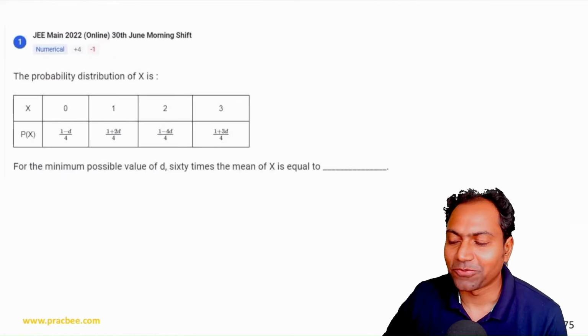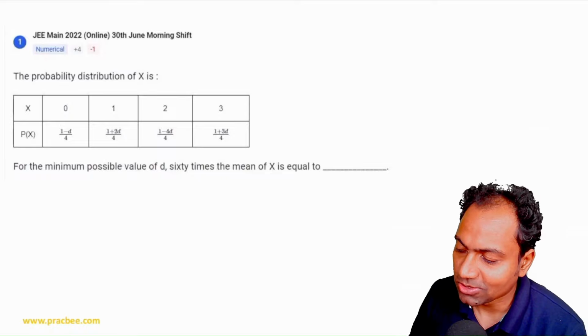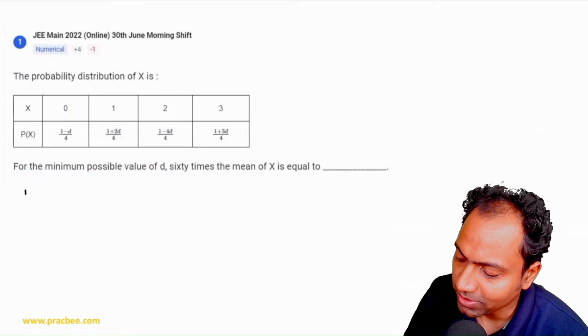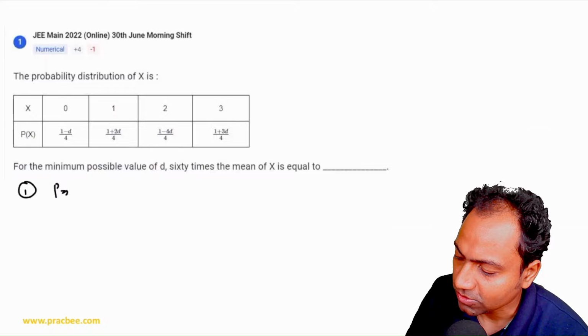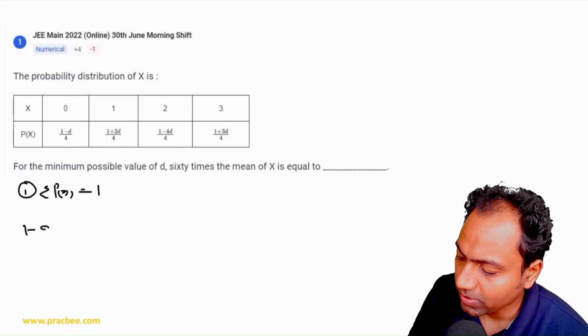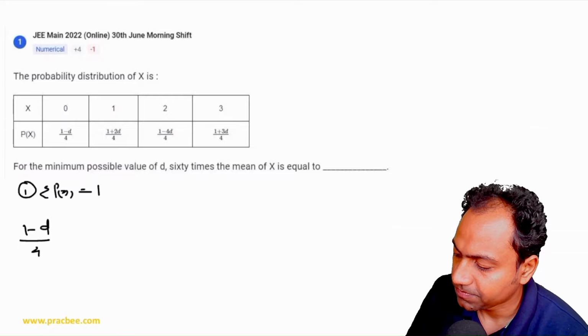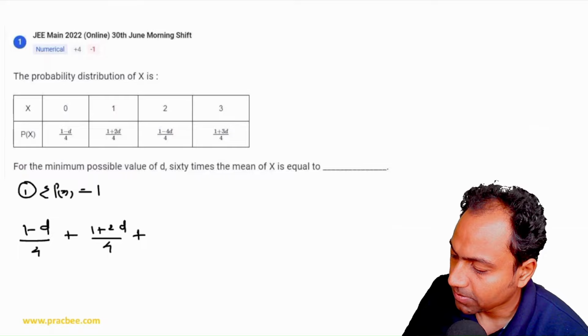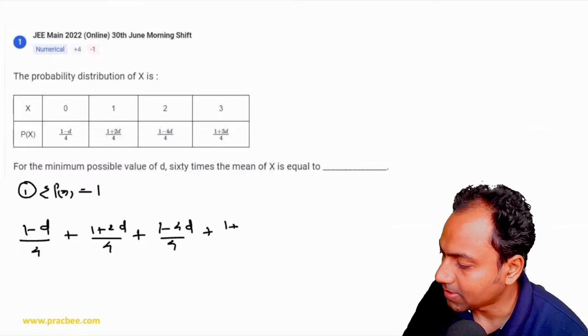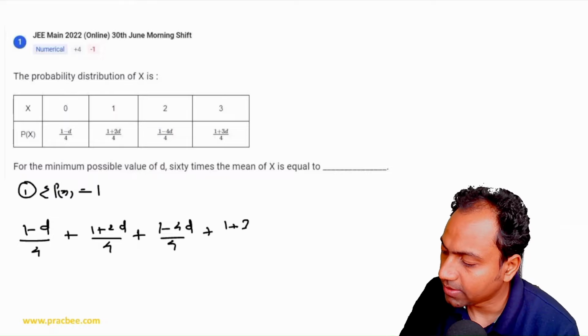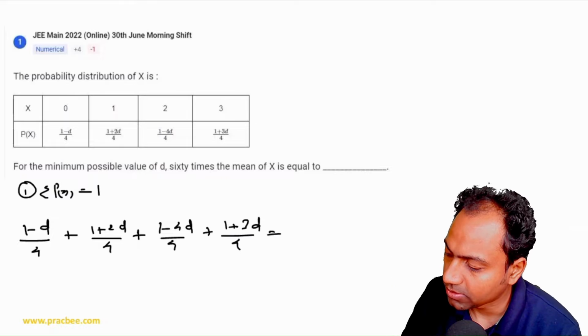Now again, a similar kind of question was asked in 2022. In this question also, you will have to do it in 2 steps. You will have to find the summation of p(x) and equate it to 1. So if I do so, I get 1 minus d by 4 plus 1 plus 2d by 4 plus 1 minus 4d by 4 plus 1 plus 3d by 4 is equal to 1.